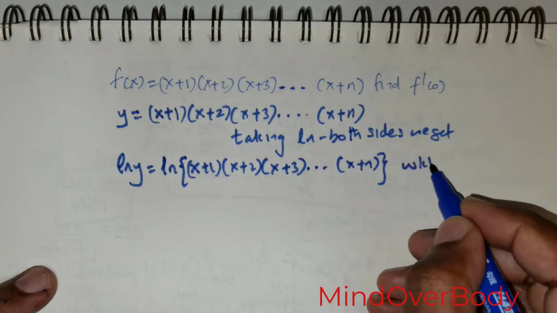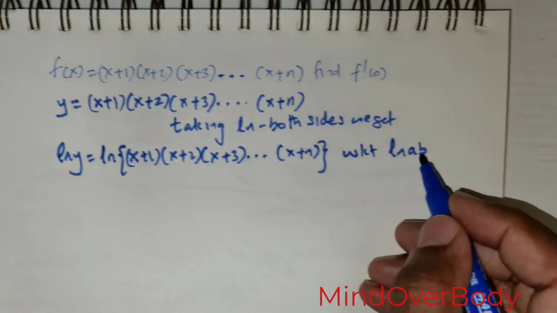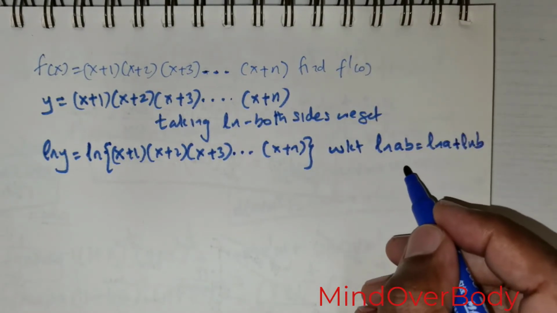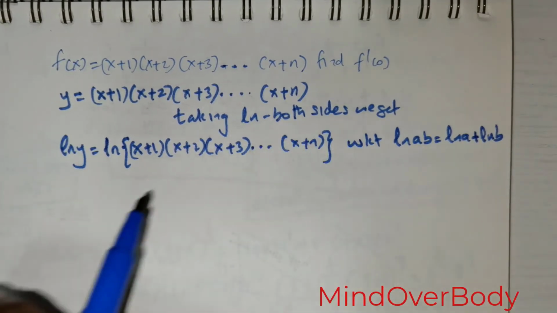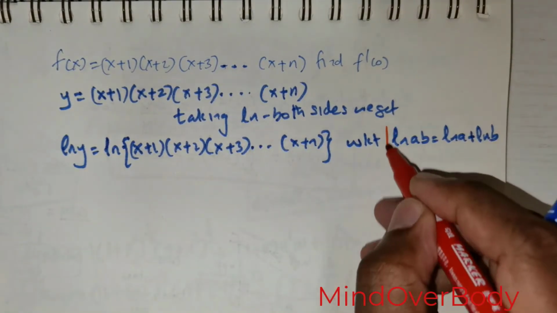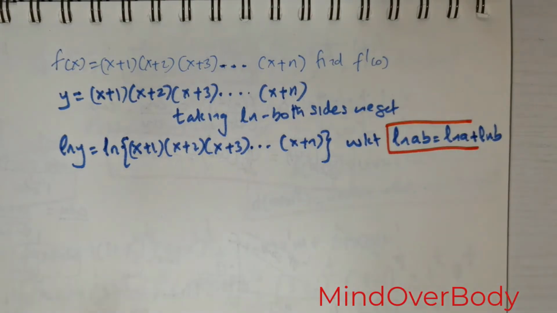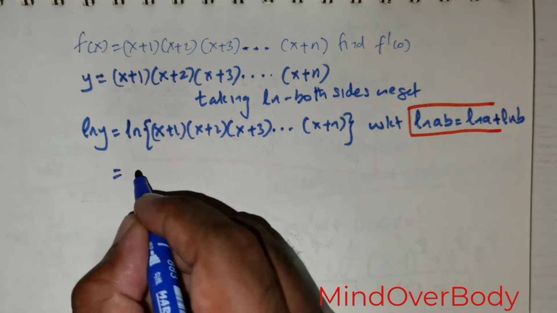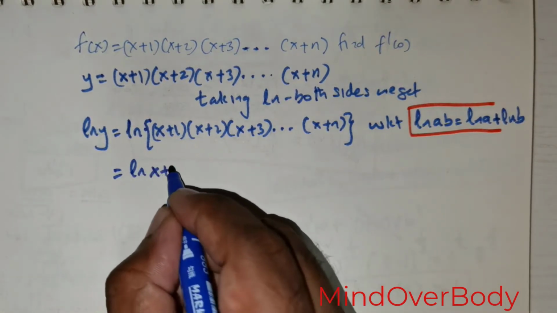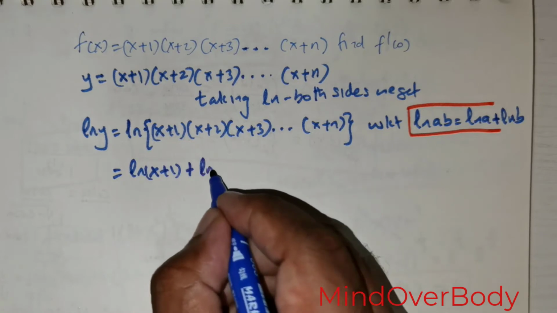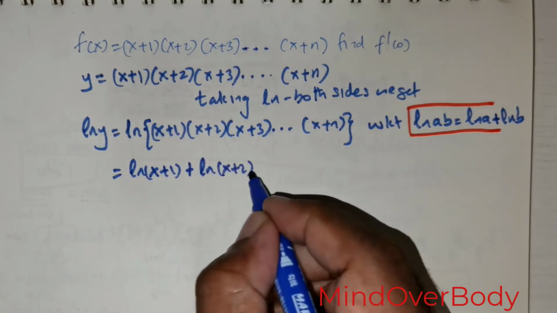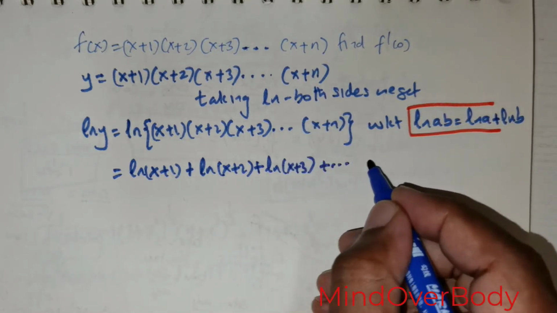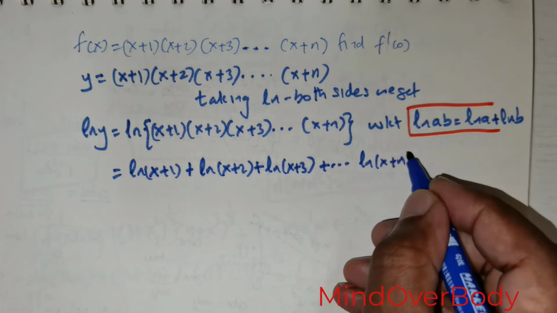Now what do we know? ln of AB is equal to ln A plus ln B. So if we use this formula, I can rewrite this as ln of (x+1) plus ln of (x+2) plus ln of (x+3) plus and so on, ln of (x+n).